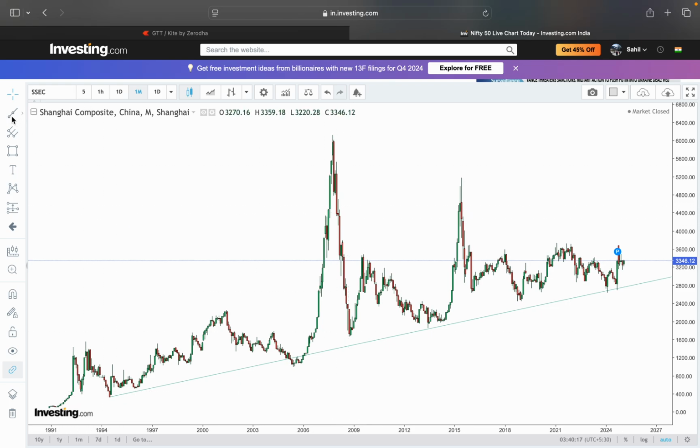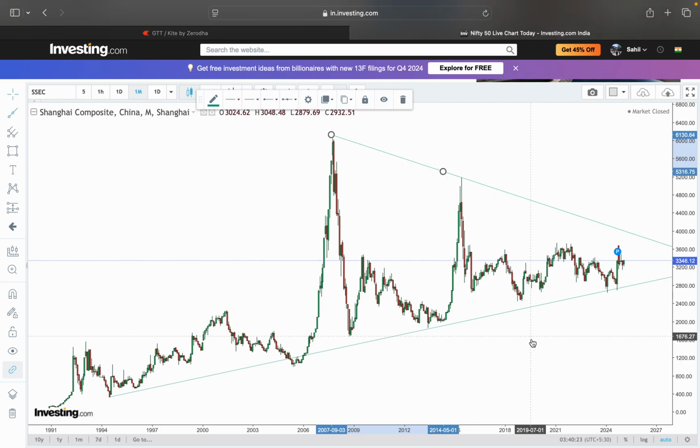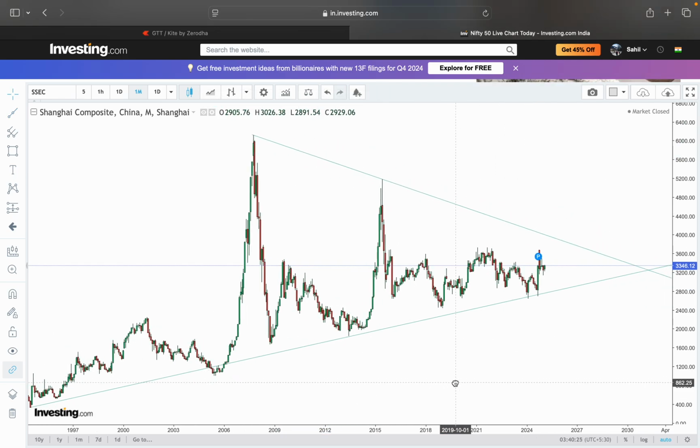So this is a pattern that is ongoing for a very long time. The duration of the pattern is so much that it is difficult to make it reliable. But obviously, a break at 4,000 levels would be quite historic for China.